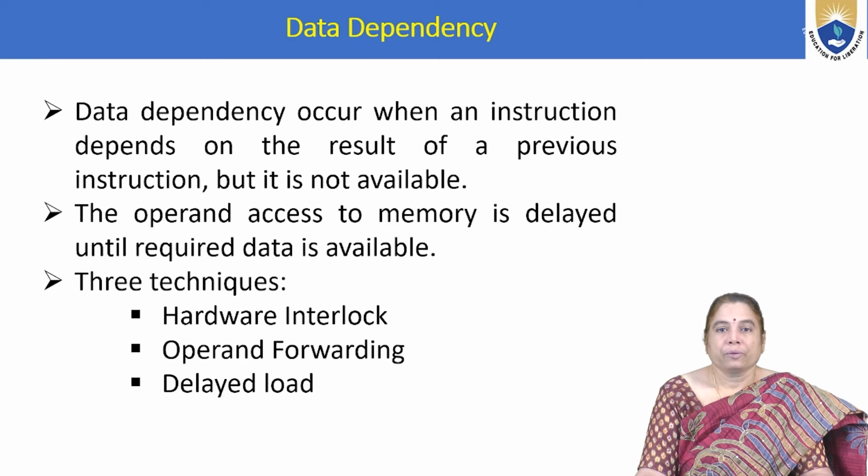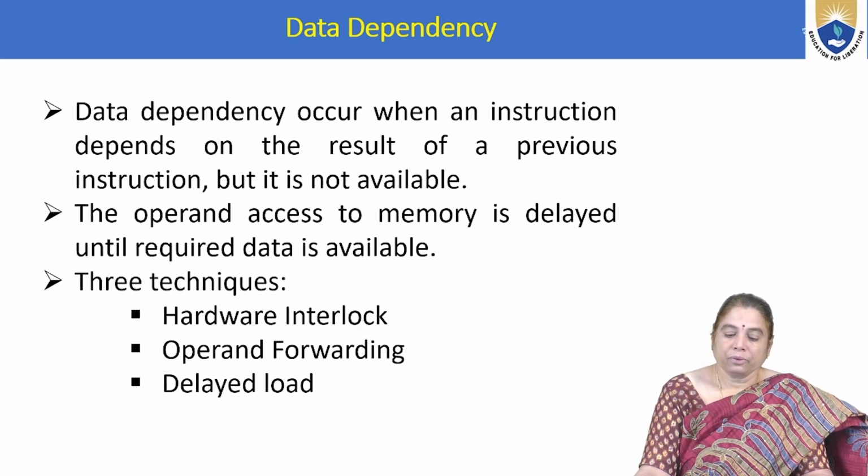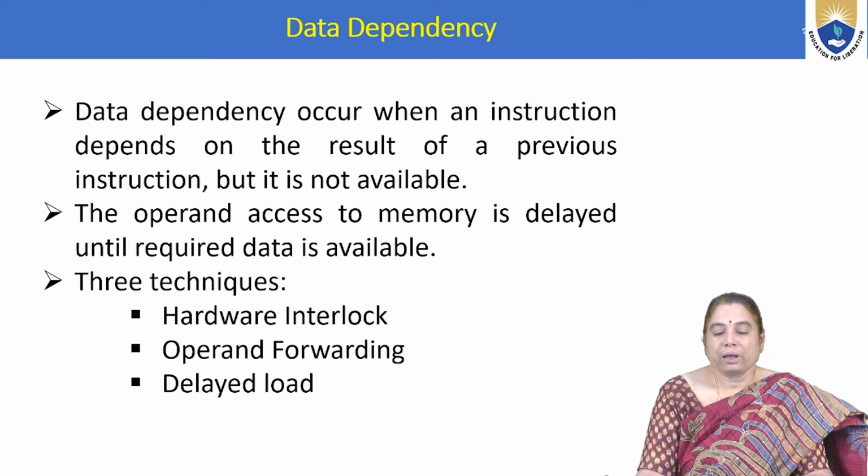Delayed load means the data required for execution of the segment is supplied, or the segment has to wait until the data is available. So these are the three techniques that can be used to resolve the data dependency conflict.